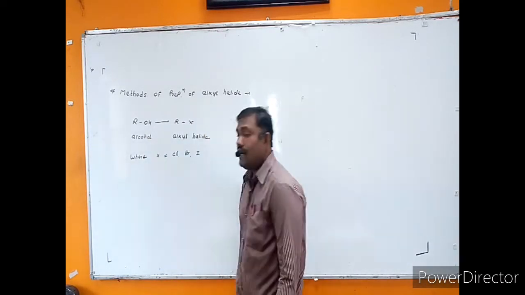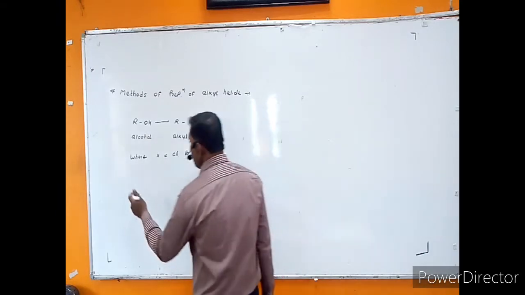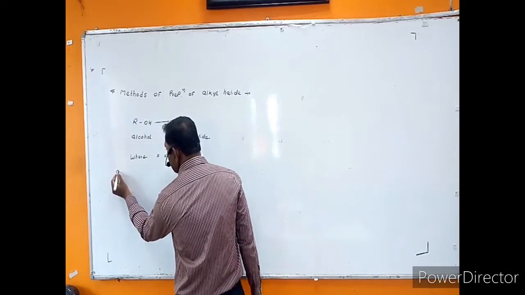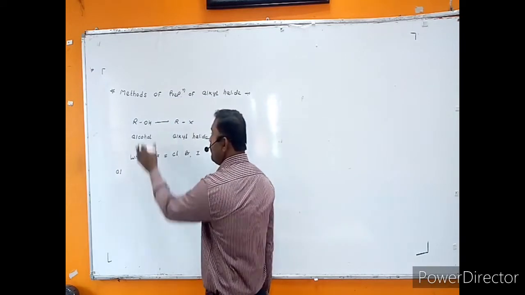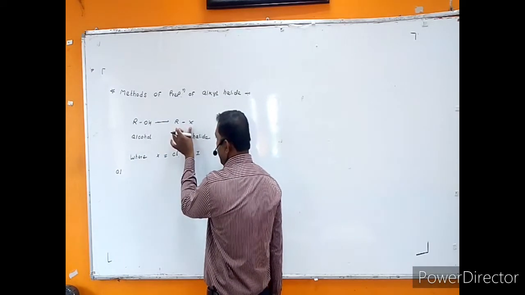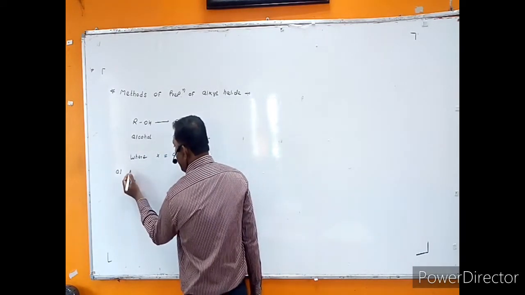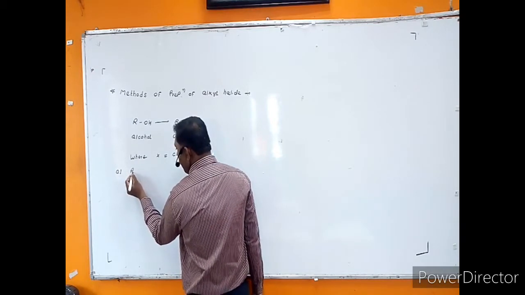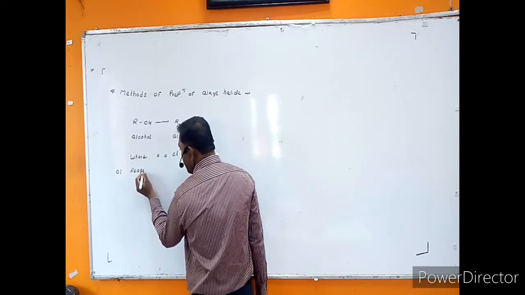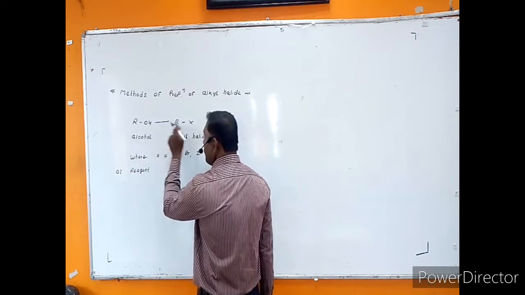Now, how is this conversion brought about? So firstly, we have to discuss conversion of alcohol into alkyl halide by using a hydrogen halide. Now, what kind of reagent do we have to use for this kind of conversion?